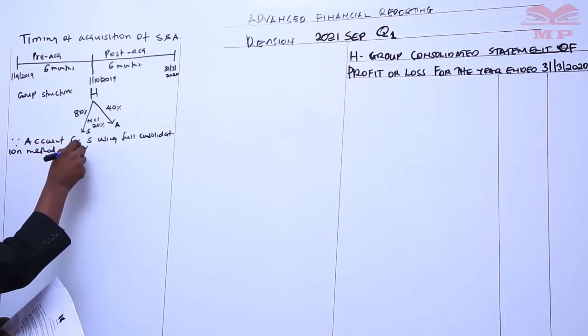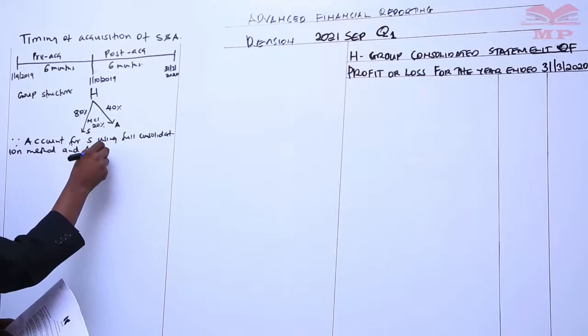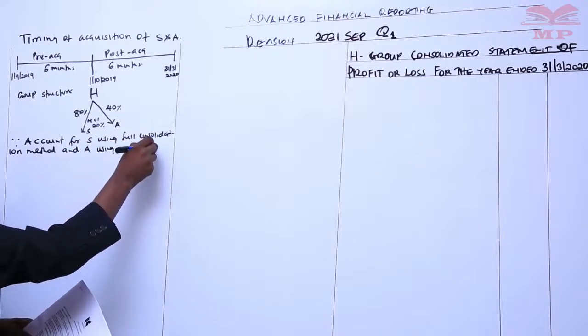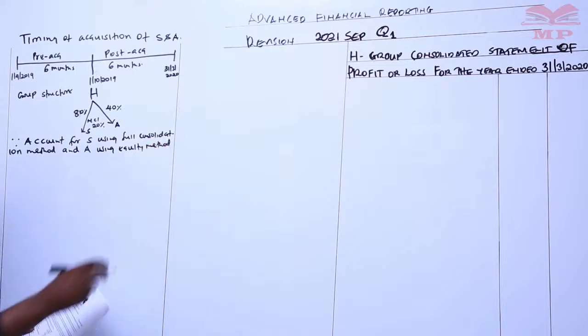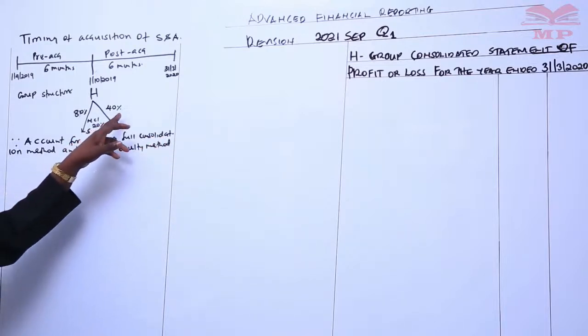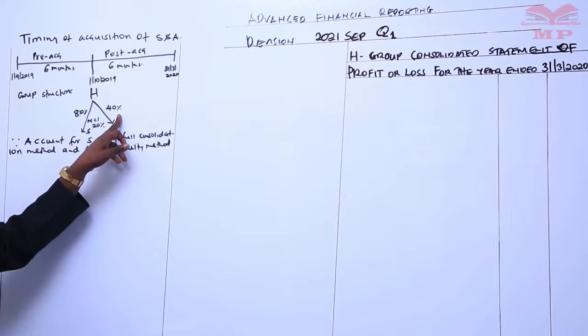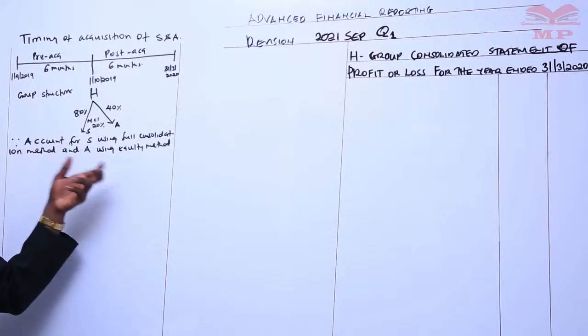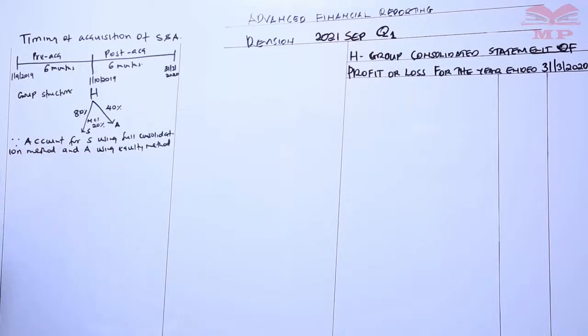And A using equity method. A is an associate, meaning that H is only exercising significant influence. What does that mean? It means that H is only participating in the financial and operating policy decisions.